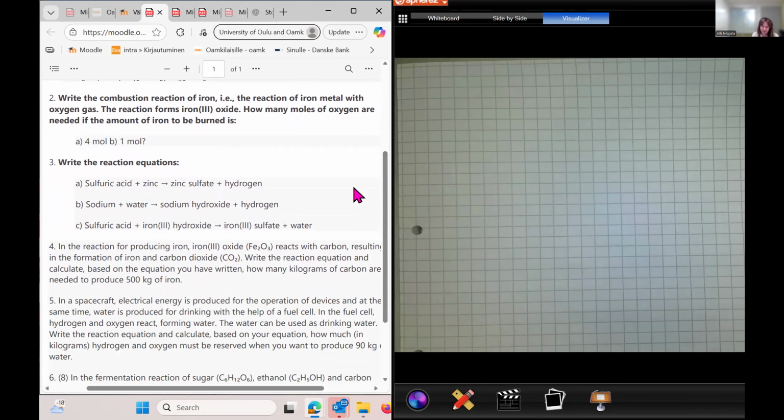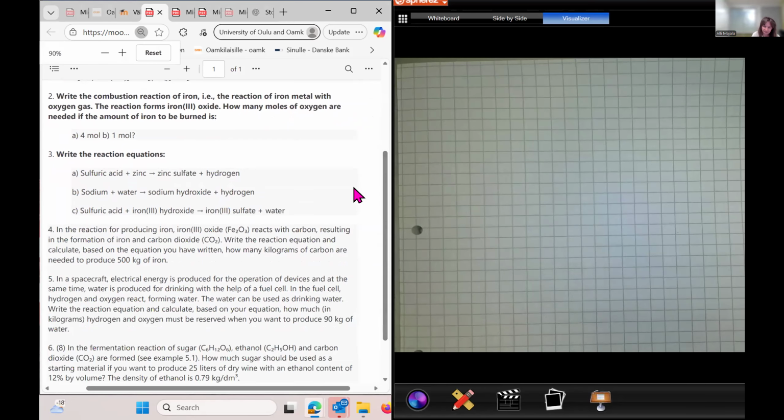The combustion meant the reaction with oxygen, basically. How many moles of oxygen are needed if the amount of iron to be burned is 4 moles or 1 mole? And this we can decide through writing the chemical reaction equation.